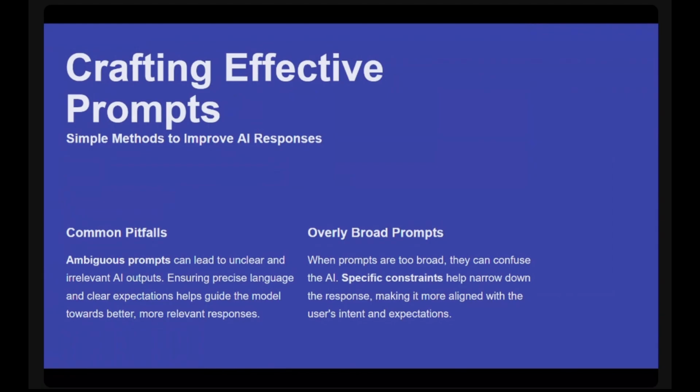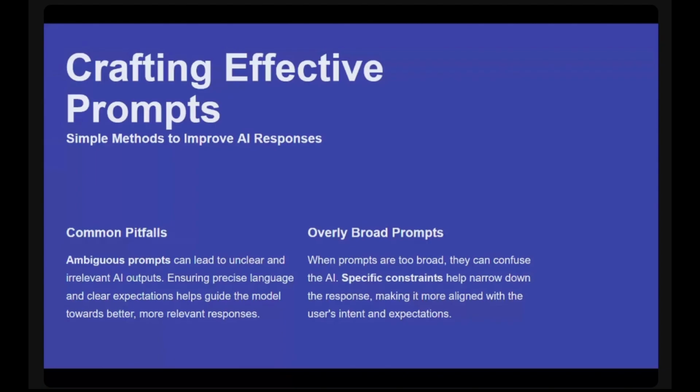There are very simple methods to improve your AI responses. Common pitfalls is one of them. Ambiguous prompts can lead to unclear and irrelevant AI outputs. Ensuring precise language and clear expectations helps guide the model towards better, more relevant responses.